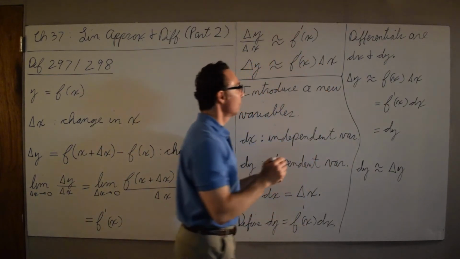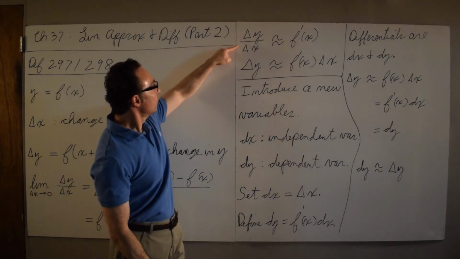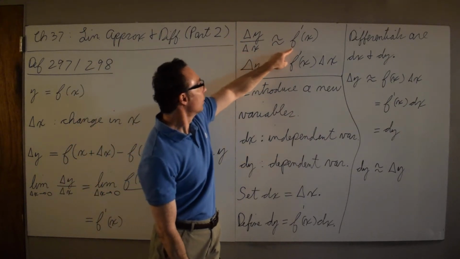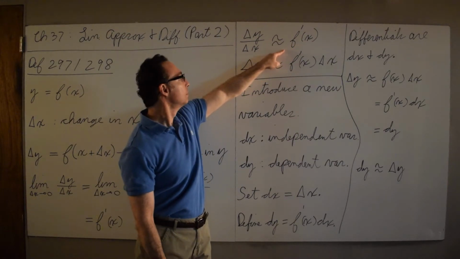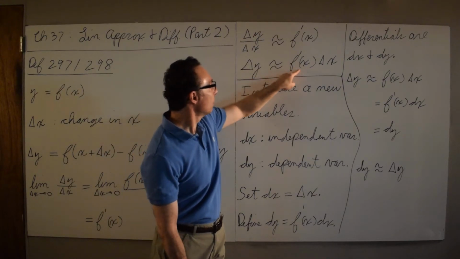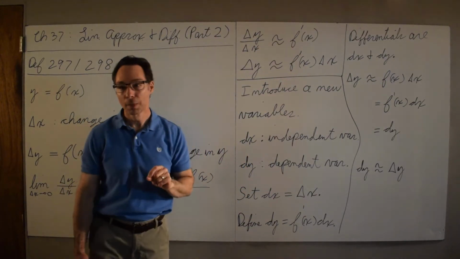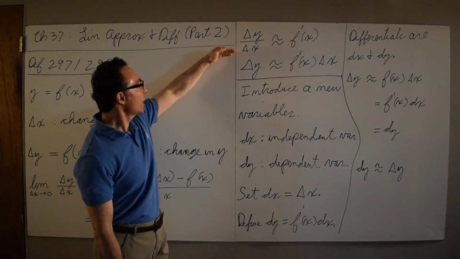So delta y divided by delta x is approximately f prime of x, and delta y is approximately f prime of x times delta x. So that's what these changes are.